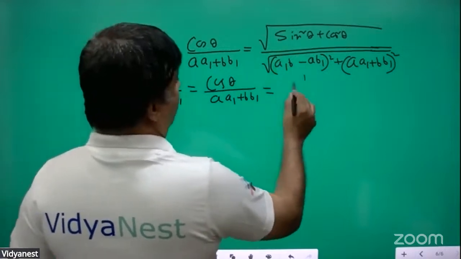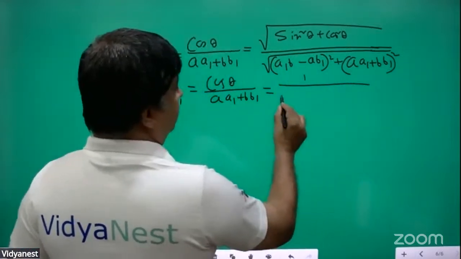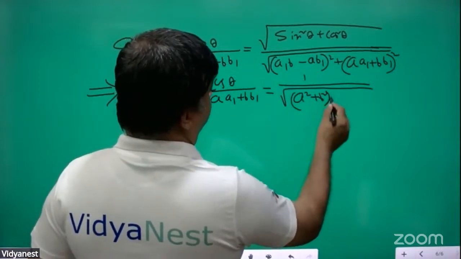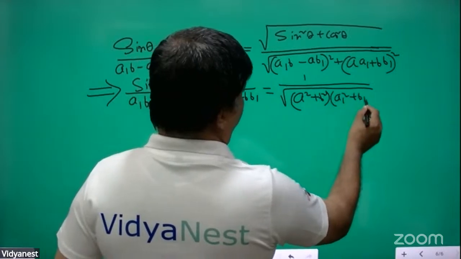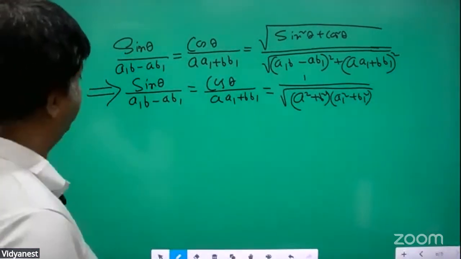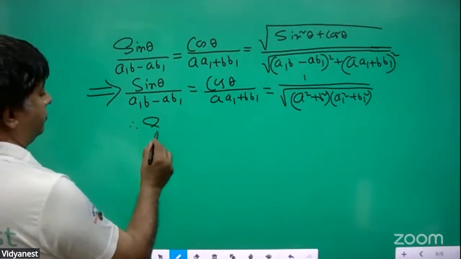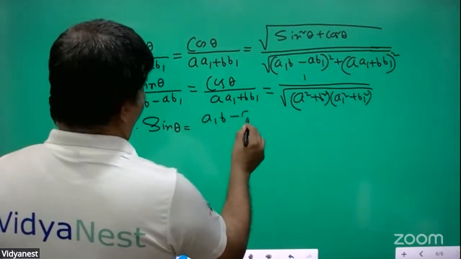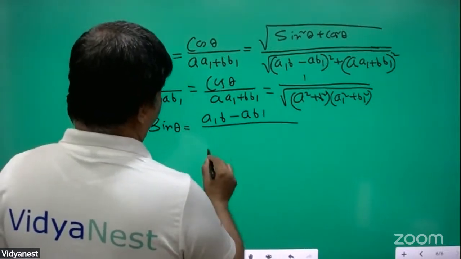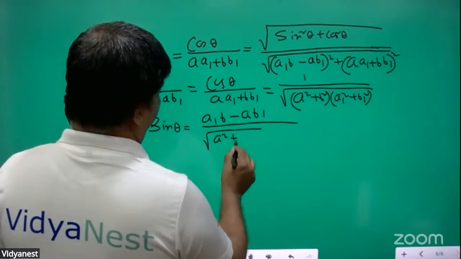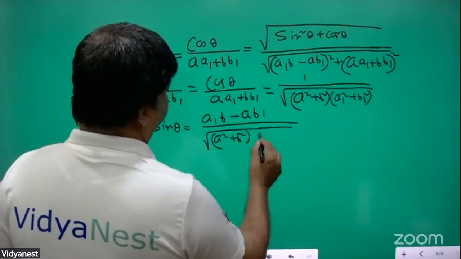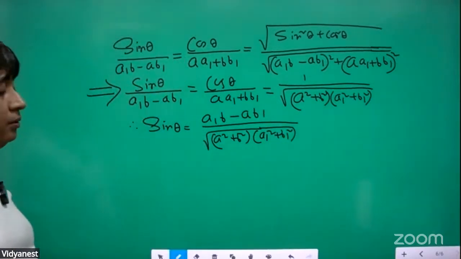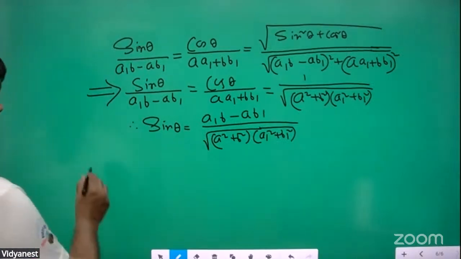If I open it, I will get class 7 level algebraic calculation. So what is sin theta? A1B minus AB1 by the square root.